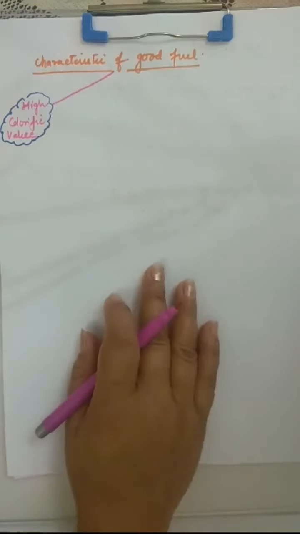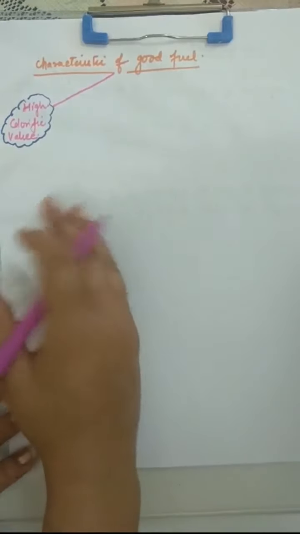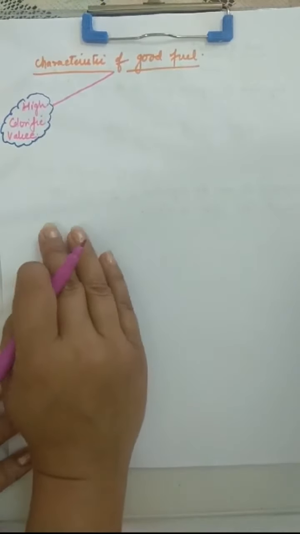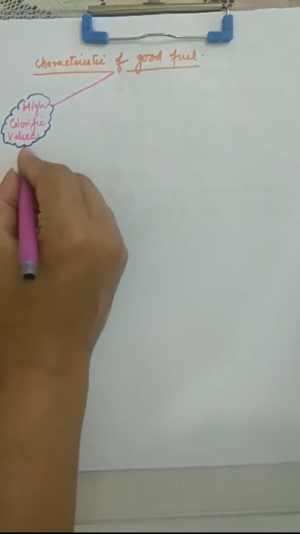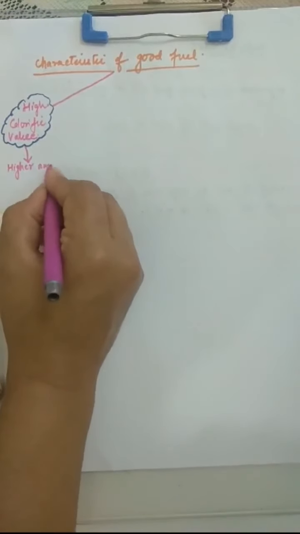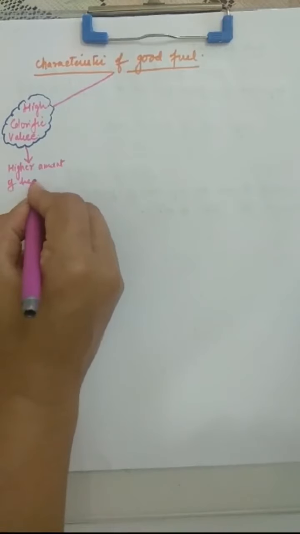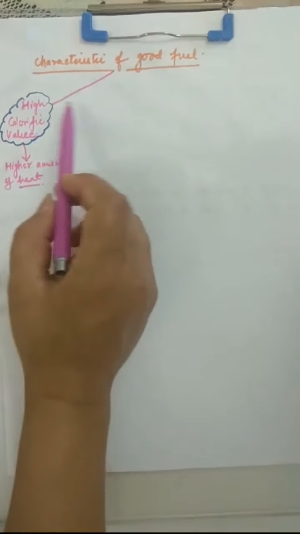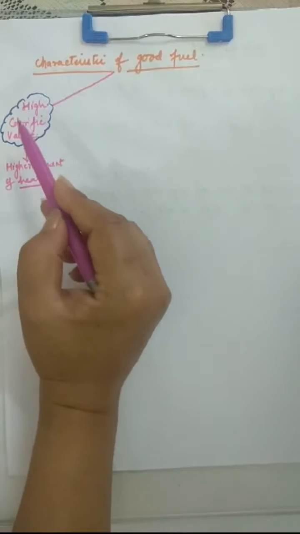Calorific value is the amount of heat energy present in the fuel. If two fuels A and B are given to you and the calorific value of fuel B is more, then we will categorize fuel B as a good fuel, because high calorific value means a higher amount of heat is produced. Clear? So a good fuel should have higher calorific value.